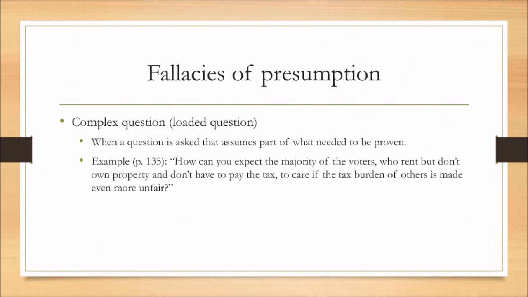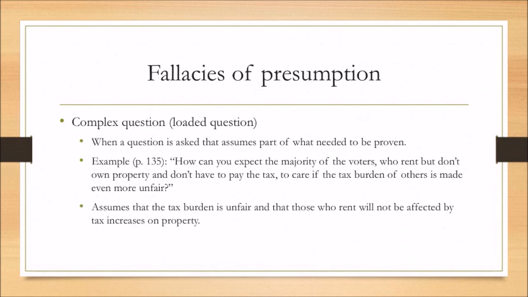But actually, if somebody wants to vote for this property tax increase, whatever they're talking about here, it's not because they expect the majority of the voters to care or not care. It's because they don't think it's unfair in the first place. So what's happening is this question assumes that the tax burden is unfair. It assumes that those who rent won't be affected by the tax increases on the property, and then it builds those assumptions into the question and asks the question in a way that sort of slides those assumptions right by.